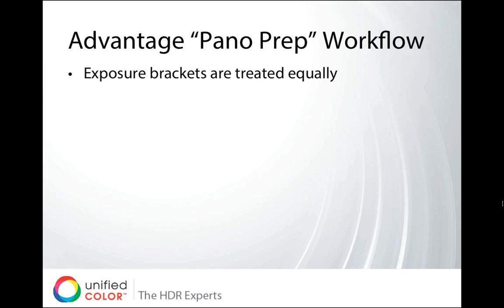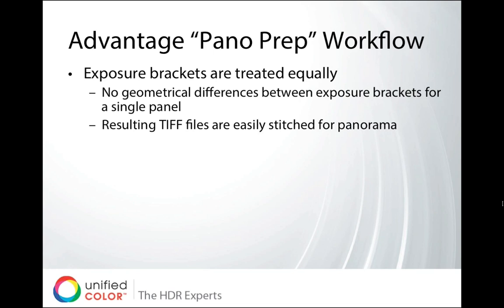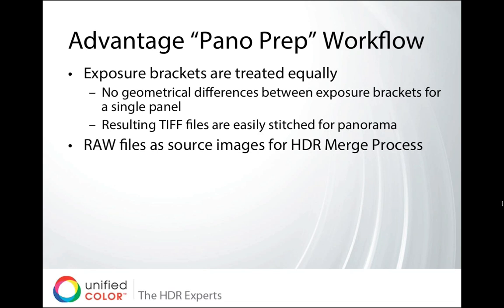So the benefits of this: your exposure brackets are all treated equally. So there's not going to be a geometrical difference between the exposure brackets for a single panel. The resulting TIFF files are then easily stitched together to create a panorama. And you're using raw files as your source images for the merge process.